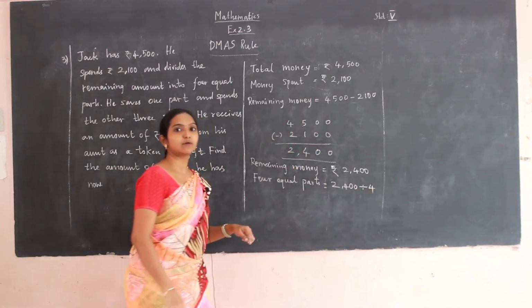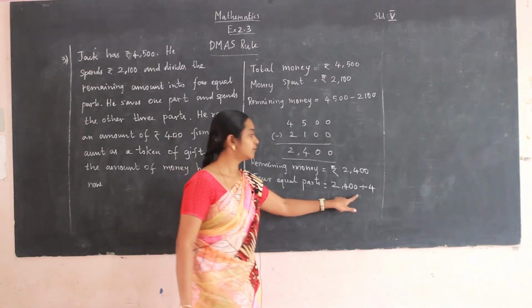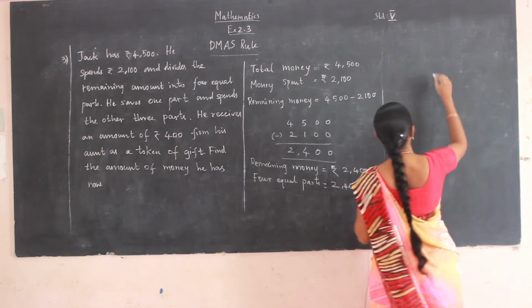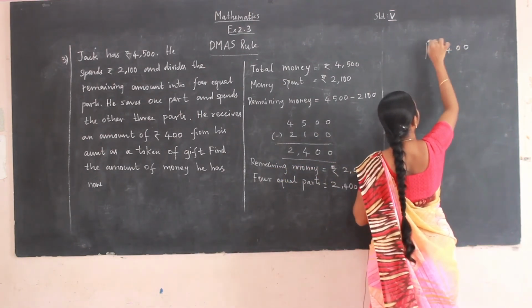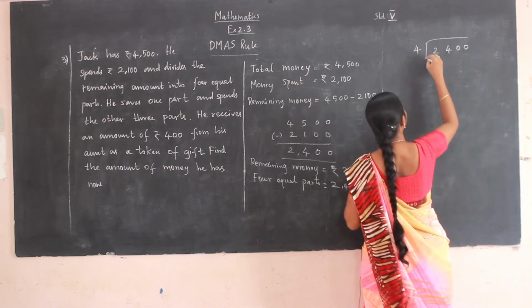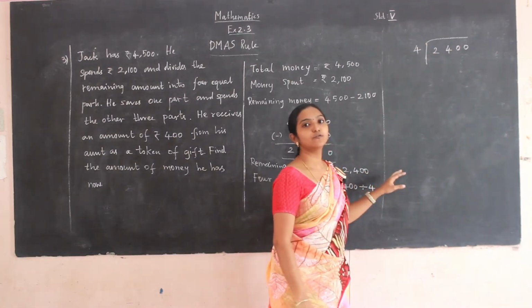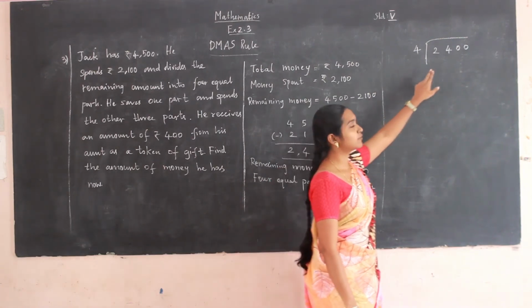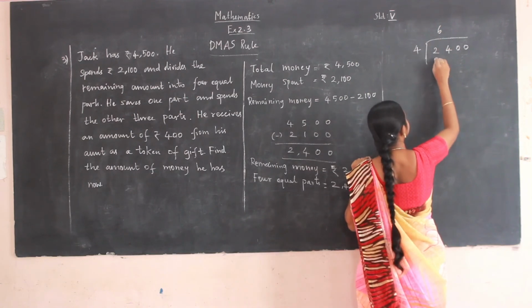To get 4 equal parts, you have to divide 2,400 by 4. You all know the fourth table. 6 into 4 is 24. So write 6 in the quotient.